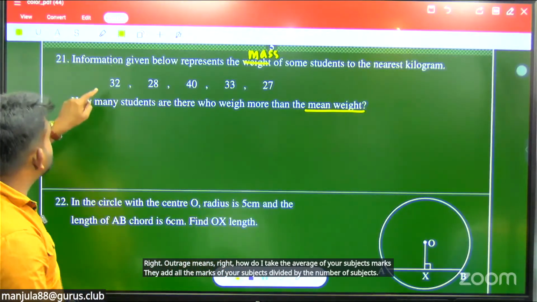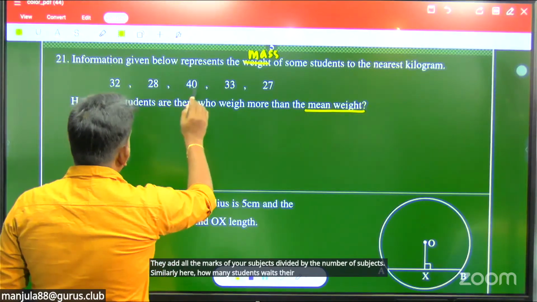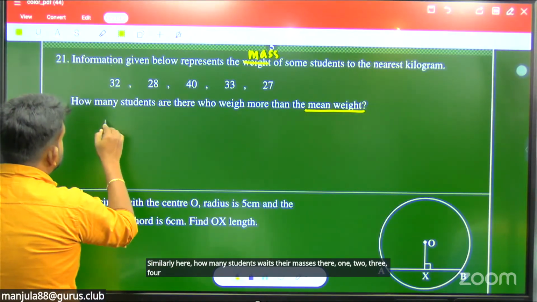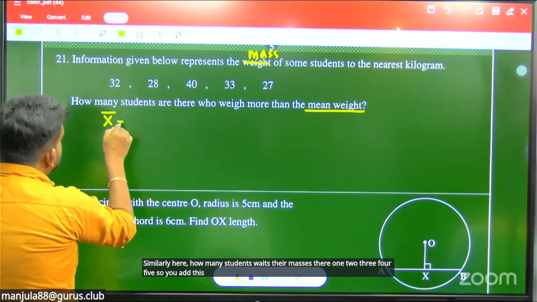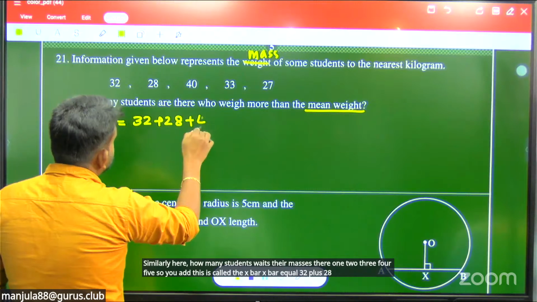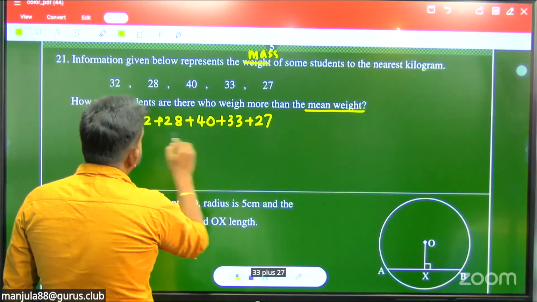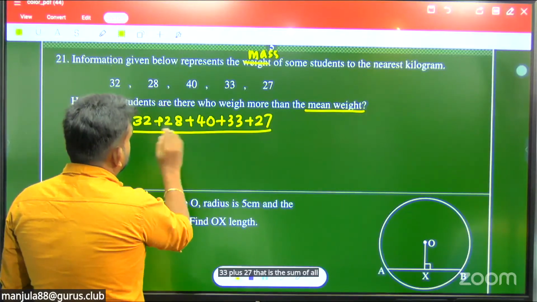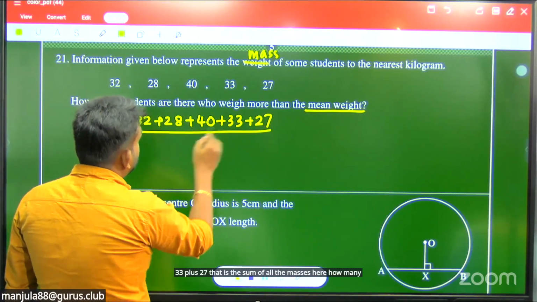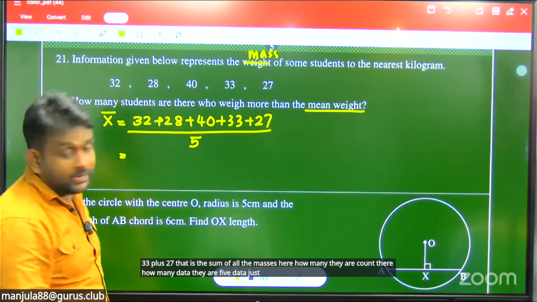Similarly here, how many students' masses are there? 1, 2, 3, 4, 5. So you add, this is called x bar, equal to 32 plus 28 plus 40 plus 33 plus 27. That is the sum of all the masses here. How many data are there? 5 data. Just divide by 5, then you get the mean.